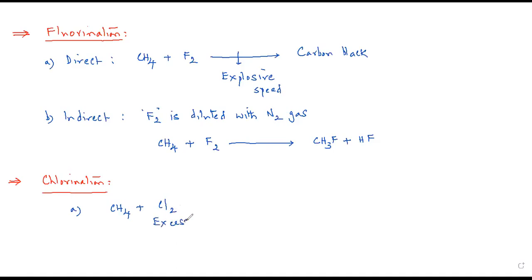Chlorine is in excess. If you consider this, all the four hydrogens get replaced by halogens and you get carbon tetrachloride. Right. Let me show you the same stepwise.